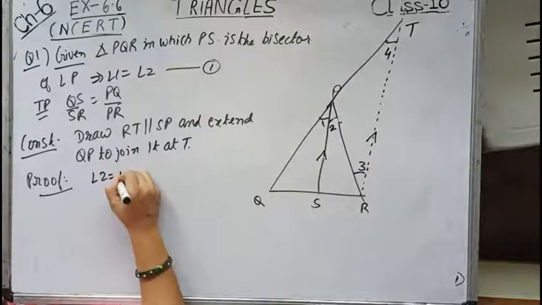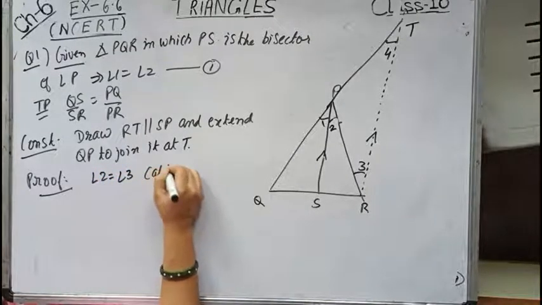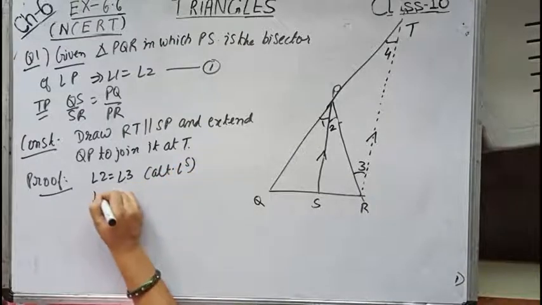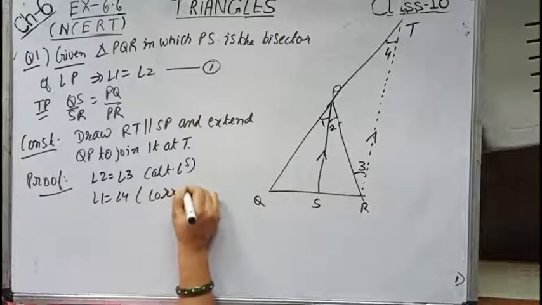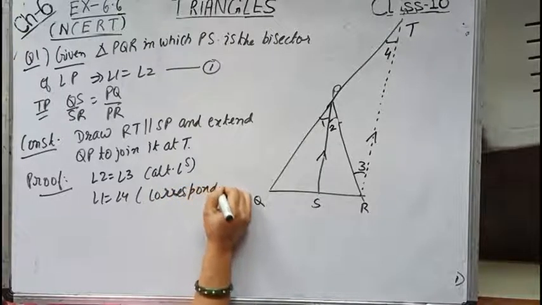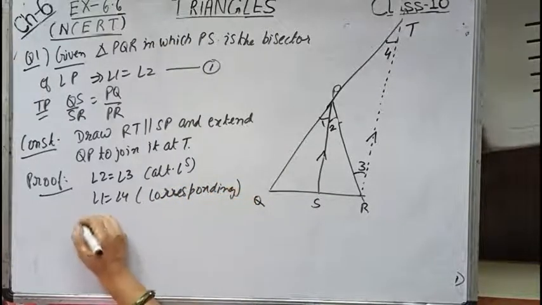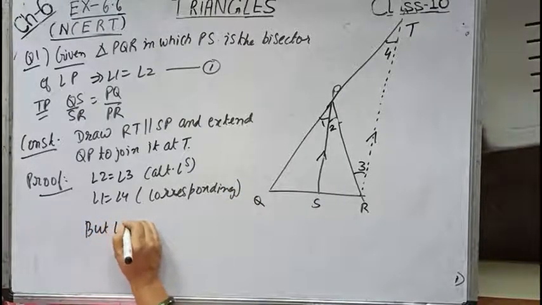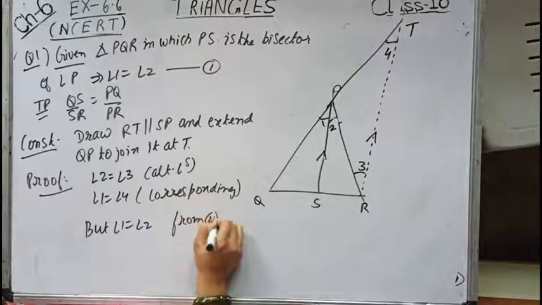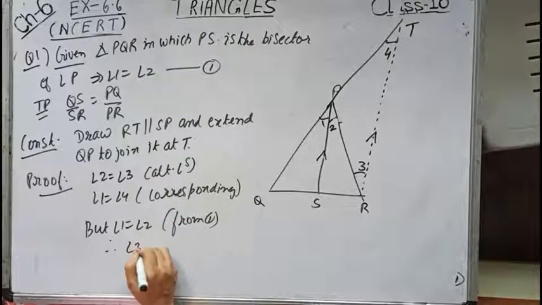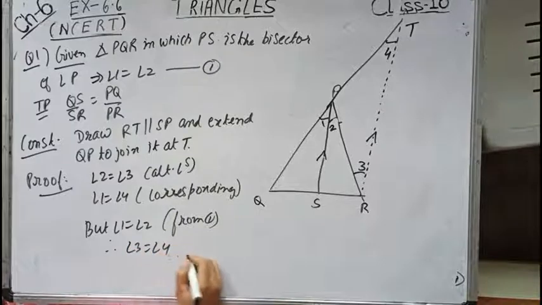Now proof. Angle 2 equals angle 3, alternate angles. Angle 1 equals angle 4, corresponding angles. But angle 1 equals angle 2. Therefore, angle 3 equals angle 4.